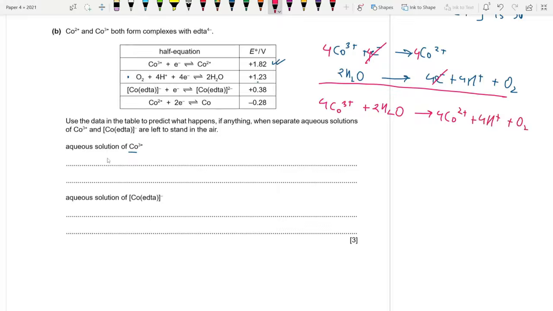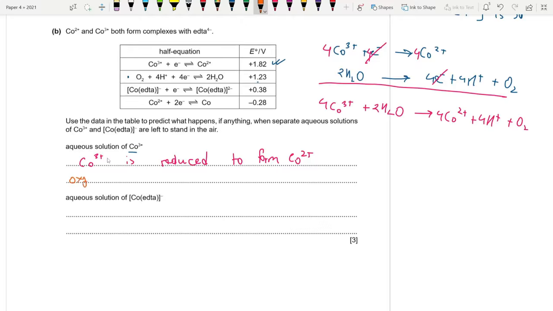So what can we actually say? This was only possible because the reduction potential of cobalt 3 plus was greater than the reduction potential of oxygen. Okay, so cobalt will be reduced instead. So cobalt 3 plus is reduced to form Co2+.